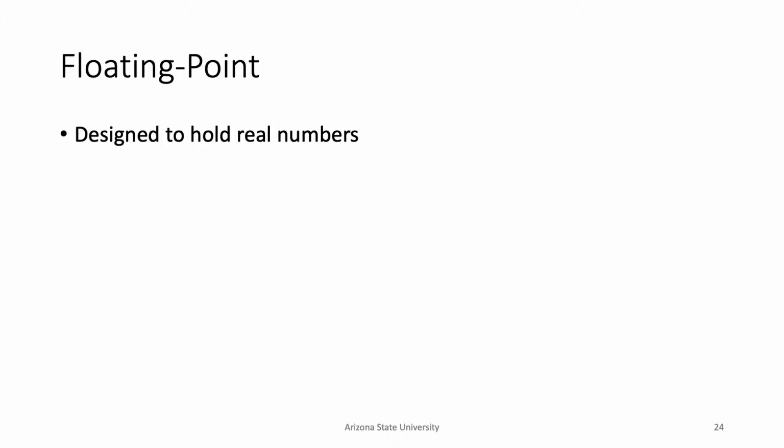So if your data needs the part after the decimal point, then floating point numbers are a good way to go, and integers are not. So if you wanted 12.45 or negative 3.8, floating point is a great way to go.